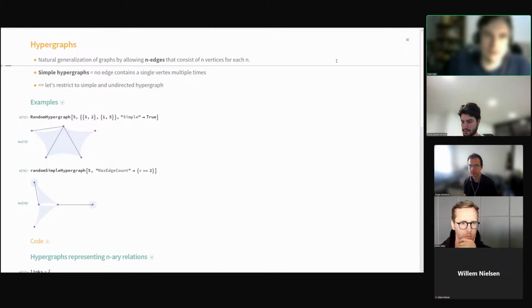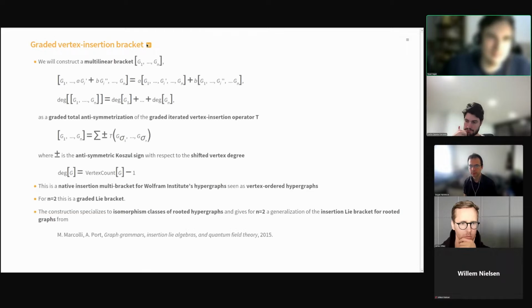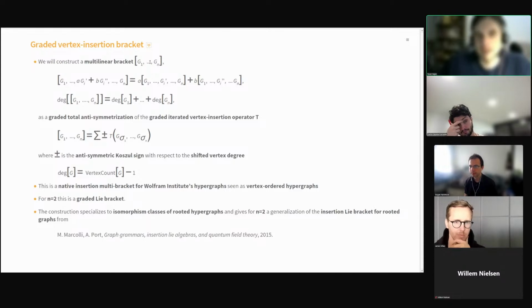Good. So now, what is the graded vertex insertion bracket? It's a bit of mathematical formulation. I'm going to construct a multilinear bracket. It will have n inputs, and to each input you can plug in a linear combination of hypergraphs. This bracket is going to be linear in each input.